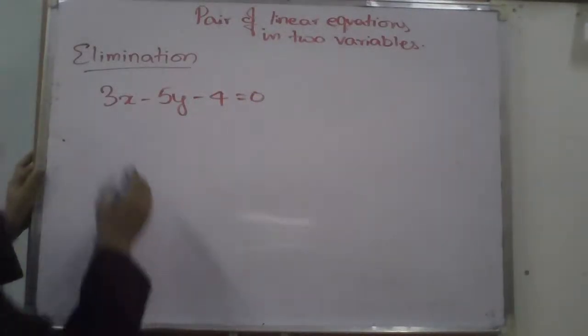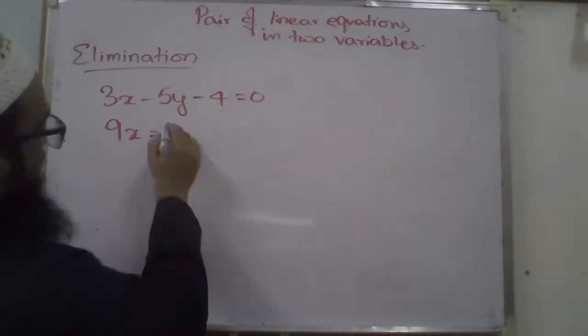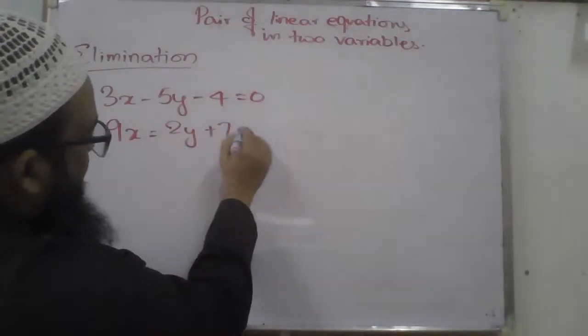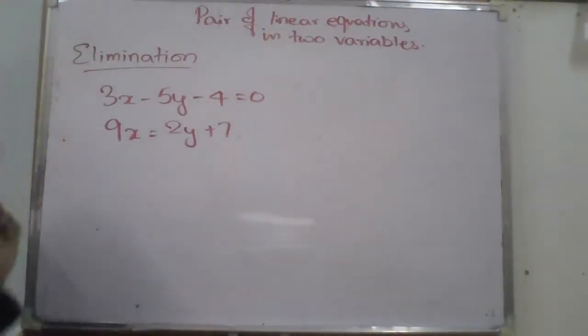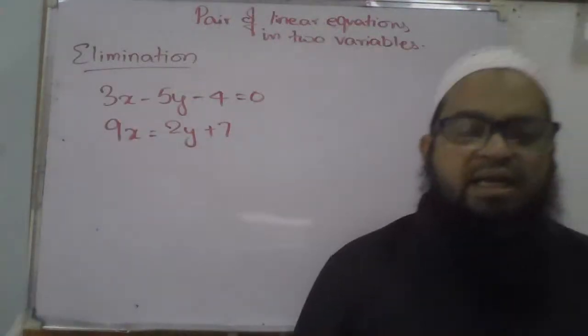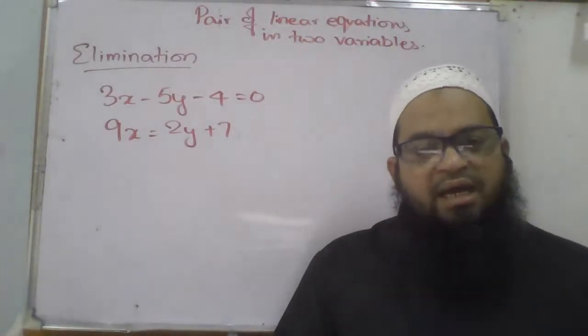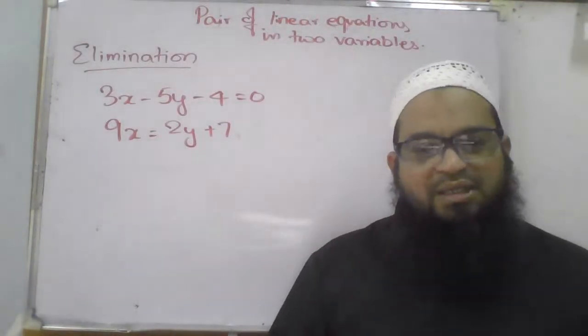And the second equation is 9x is equal to 2y plus 7. Two linear equations are given. One is 3x minus 5y minus 4 is equal to 0. And the second one is 9x is equal to 2y plus 7.